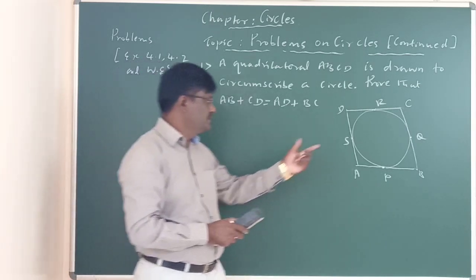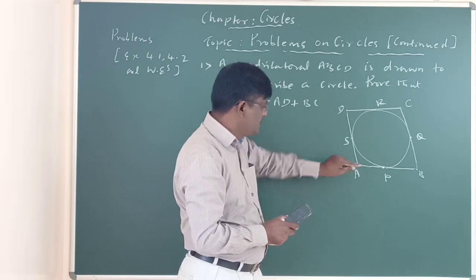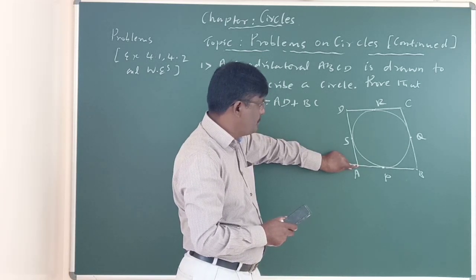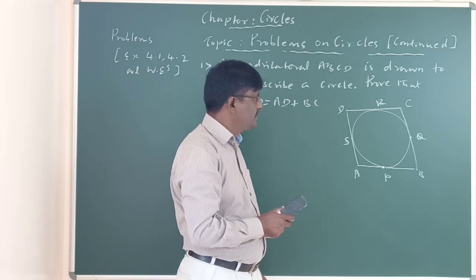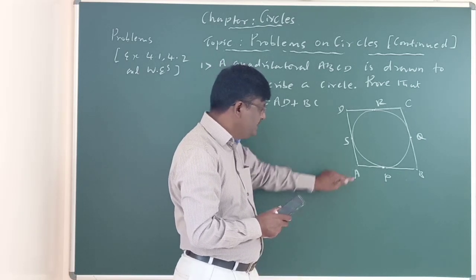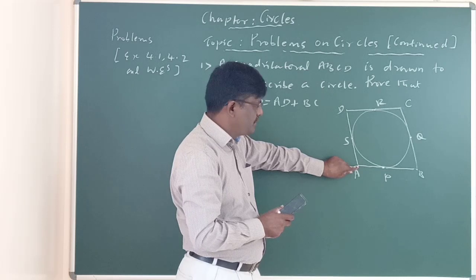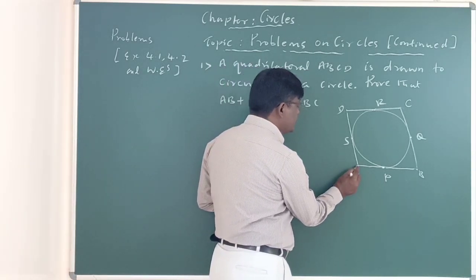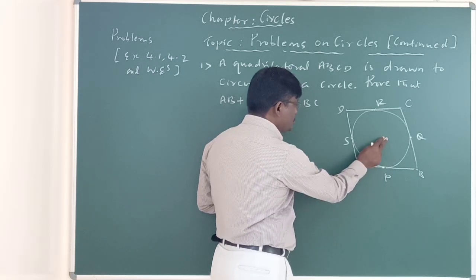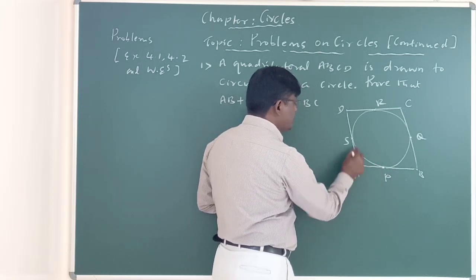Now, just look at this figure here. A, B, C, D, these vertices of the quadrilateral ABCD, each vertex can be considered as what? An external point. From this external point to the circle, two tangents are drawn.